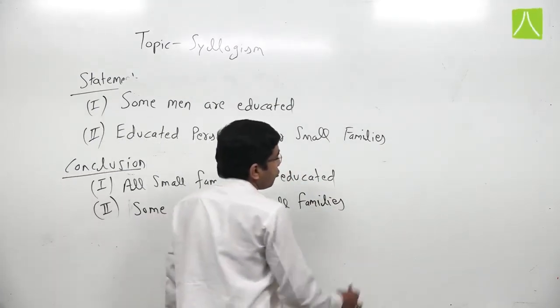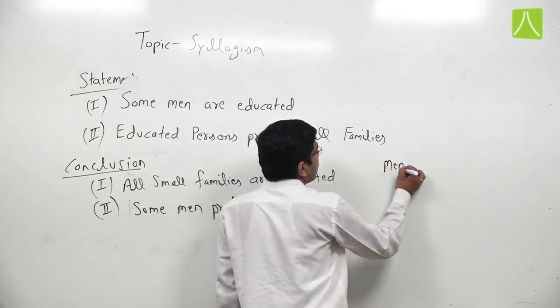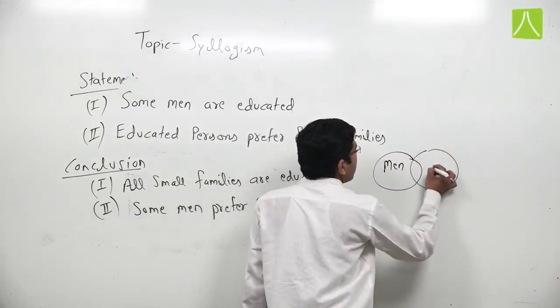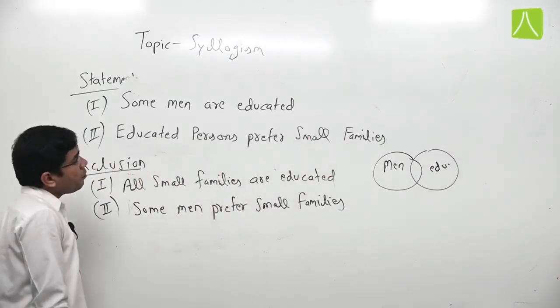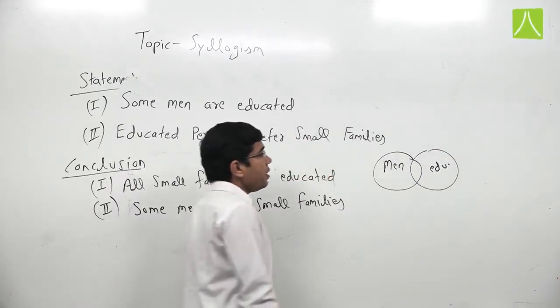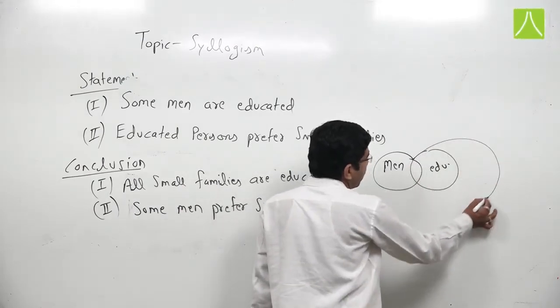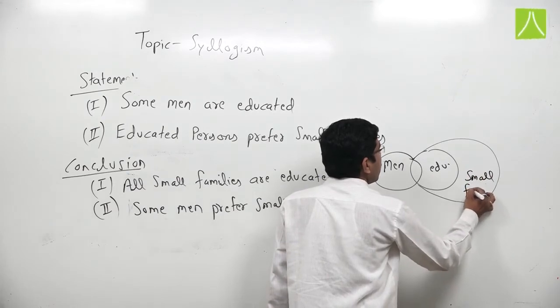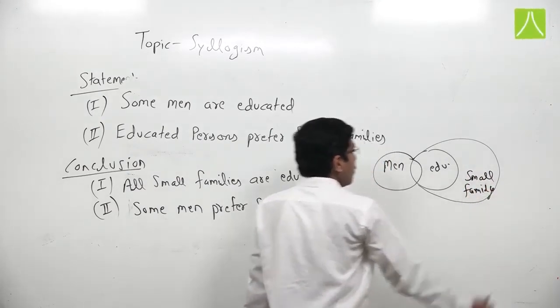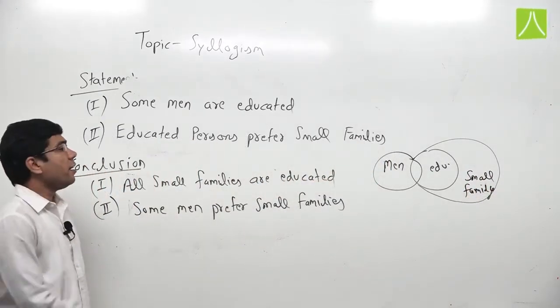Some men are educated, and educated persons prefer small families. Those persons who are educated, they prefer a small family. So for this question our basic diagram is this.